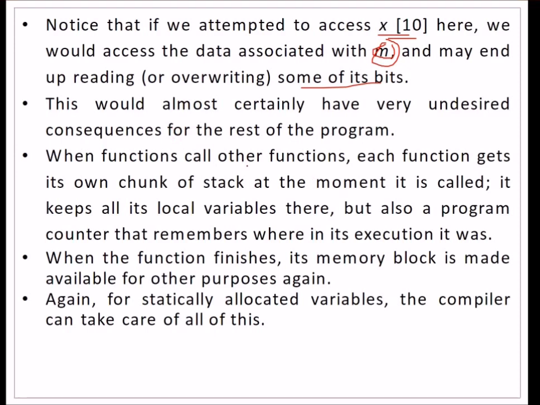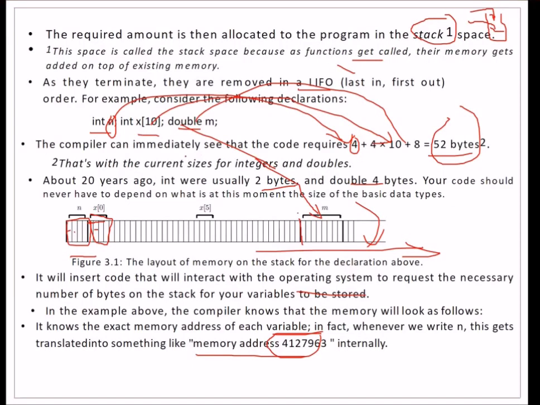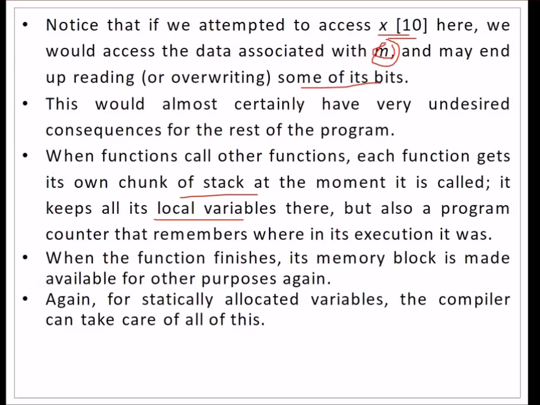And when a function calls another function, the called function gets its own chunk of the stack at the moment it is called. It keeps all its local variables there, and also a program counter that remembers where in its execution it was, because there has to be some arrangement so that the present one will be known, and this is done by the program counter.